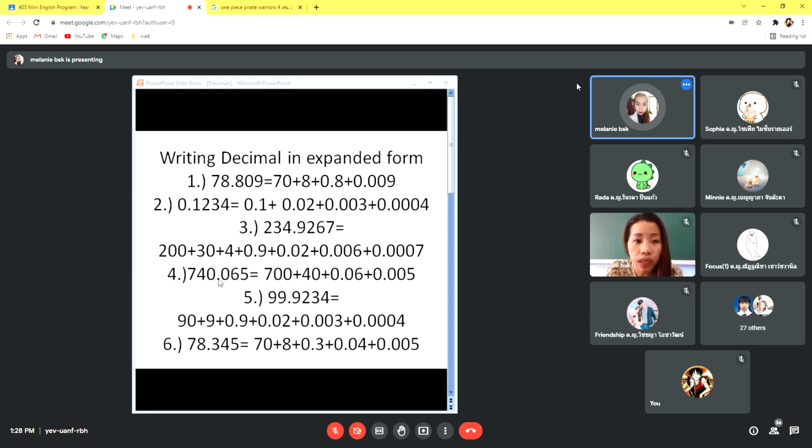Okay, get your book and copy this one. And then later on, I'm going to let you do some activity on your book, and then we're going to check afterwards, okay? Anybody who cannot understand, children, could you please raise your hands? If no one is raising their hand, it means everybody understands.